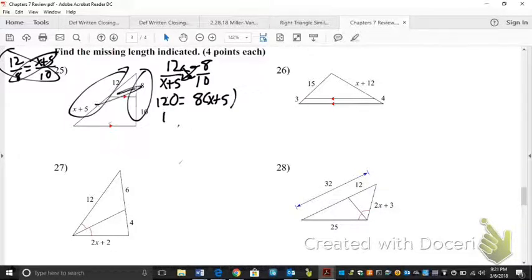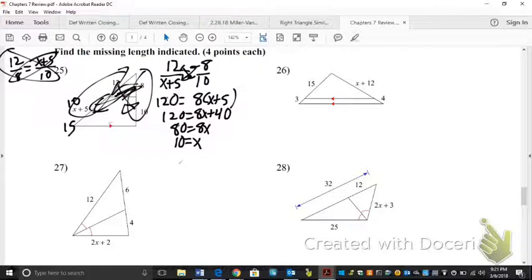And again, multiplying across the triangle. It's a good check to make sure you're doing it right. That's going to give me 120 equals 8x plus 40. So then I'm going to just subtract 40 from both sides. So I get 80 equals 8x, or x equals 10. Now I am asked for the missing length, so I go back, plug in that 10, and I get 15. Okay.